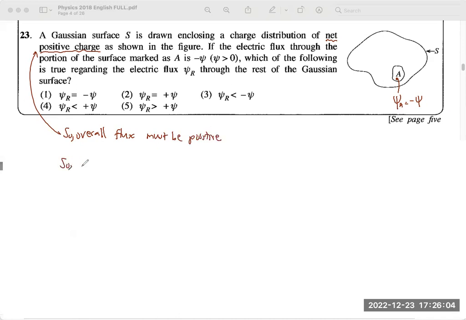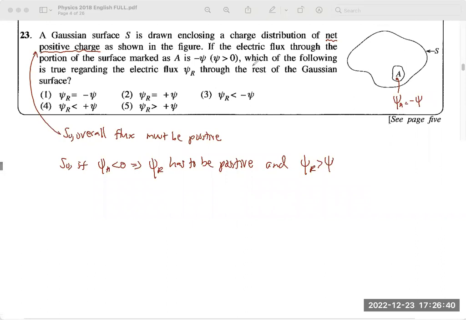So what about psi r? If psi a is less than 0, that means definitely psi r has to be a positive value, and its magnitude must be greater than psi. So what is the most appropriate answer here, people? I think the most appropriate answer is the fifth one.